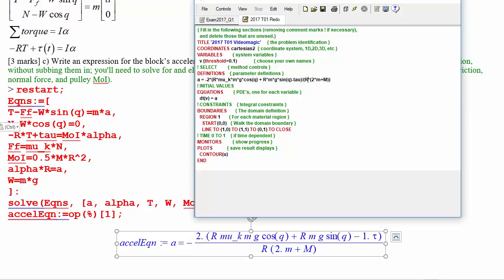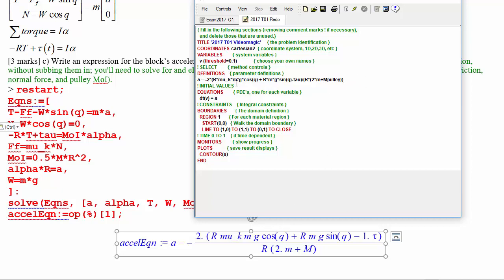So this big M is going to be the same variable as little m, which means we need to give it a different label, M pulley maybe, to distinguish the pulley mass from the mass of the block. So there's the acceleration that we've gone and written in.